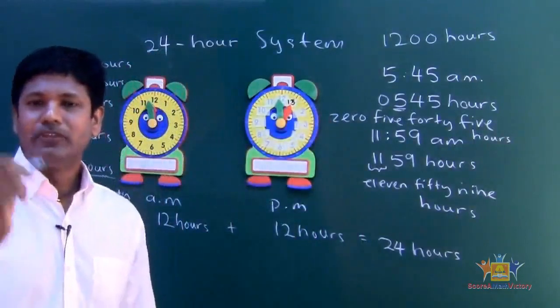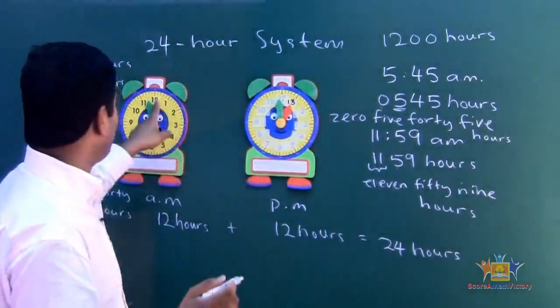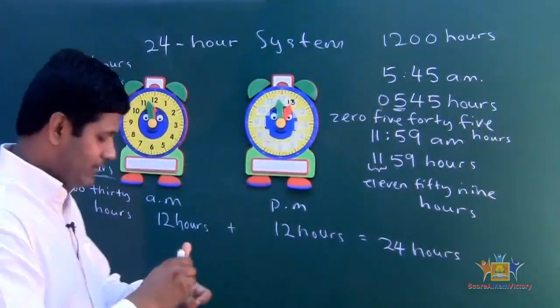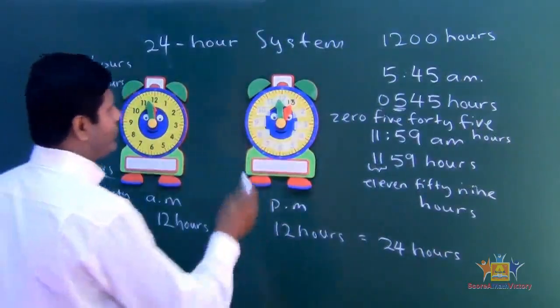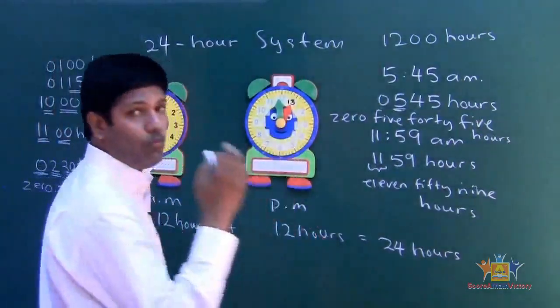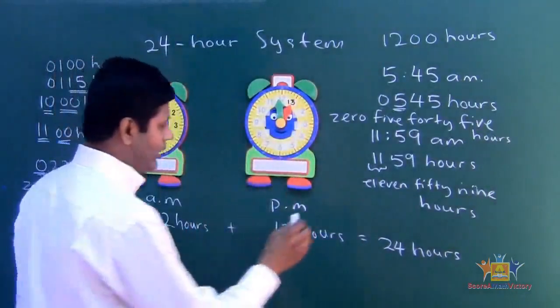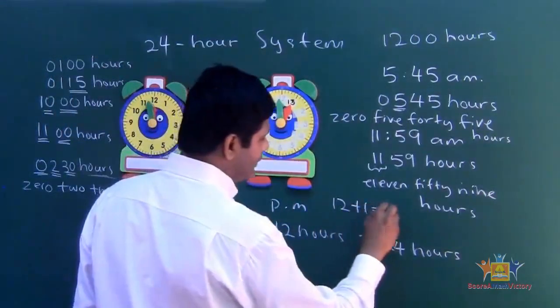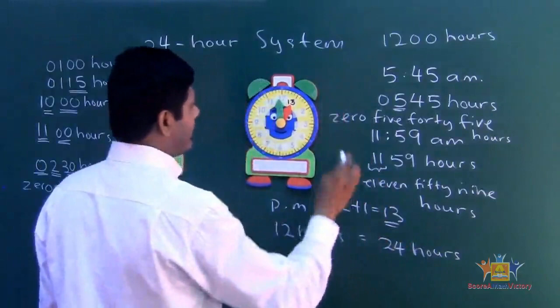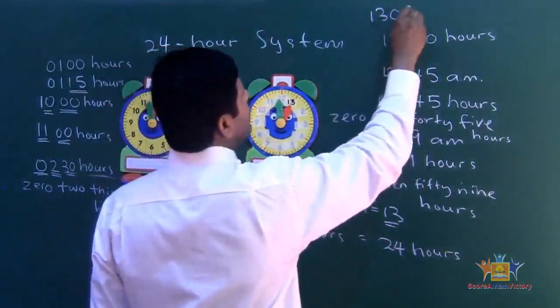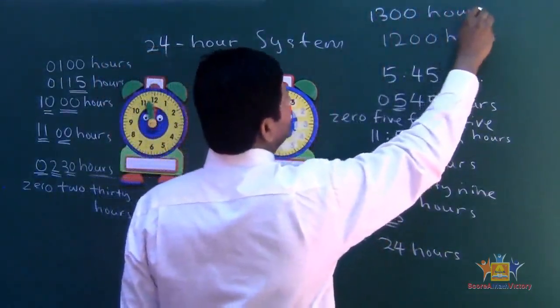No more 1, because you're adding 12 plus 1, which is 13. So with a 24-hour system, you don't say 1 p.m. anymore. You say 12 plus 1 is 13. So it becomes 1300 hours.